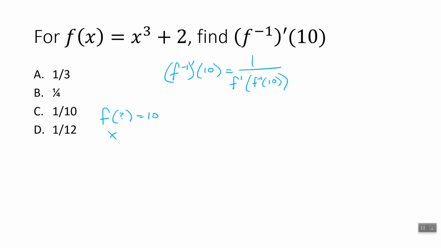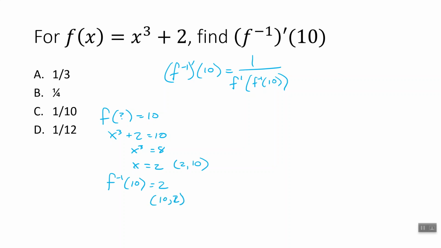So we're going to take x cubed plus 2, set it equal to 10, subtract 2. We get 8, take the cube root, we get 2. So that means f inverse of 10 will give us back 2. We had the point (2, 10), so that means on the inverse we have the point (10, 2).